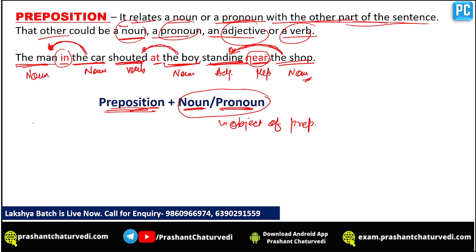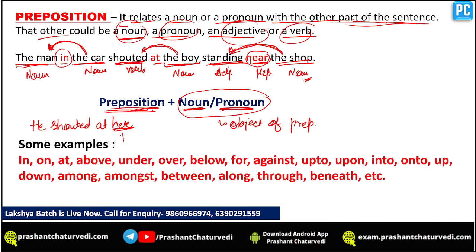Like if I say, he shouted at her. He shouted at her. Here her is a pronoun. Clear? It is a pronoun here.